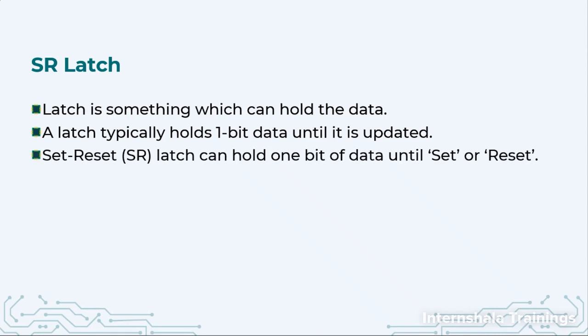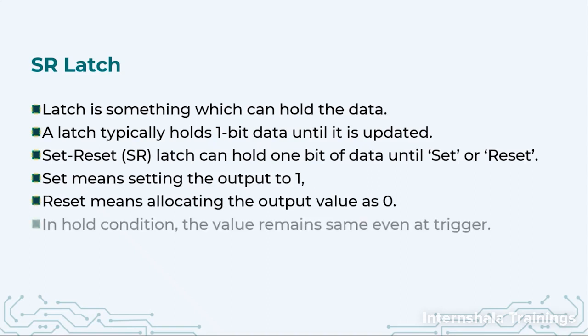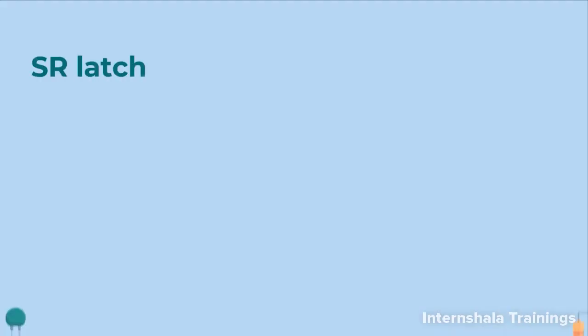So in the set reset, that means SR latch, we can continue holding 1 bit of data until we set or reset the value of the stored data. We set the latch by putting the data value as 1, and we reset the latch by putting the value as 0. In hold condition, the value will be maintained. So whatever is stored, the same value will remain.